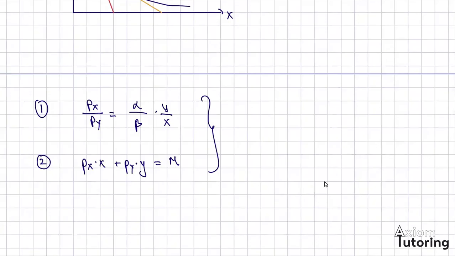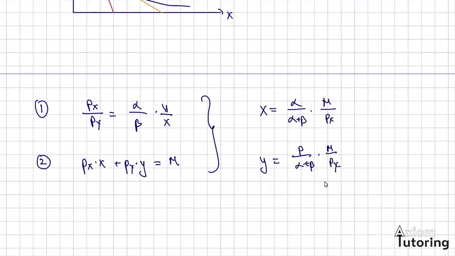You know what y is here. You plug the y in here and get an expression for x. You should convince yourself that x will be equal to alpha over alpha plus beta times m over px. Once you plug it into y, you can convince yourself that this is going to be beta over alpha plus beta times m over py.